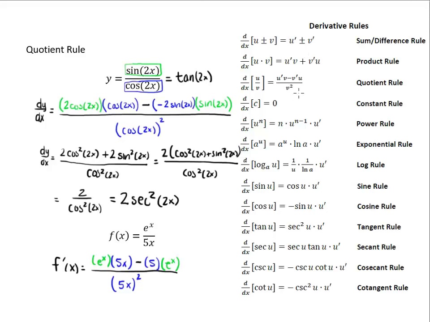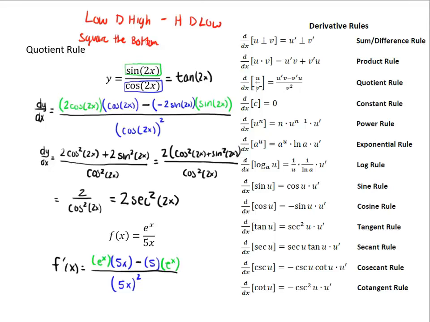There's also a little rhyme you can memorize if you want for the quotient rule. The quotient rule is low d high minus high d low, square the bottom, and away you go. Let me explain that. You put the low thing first.